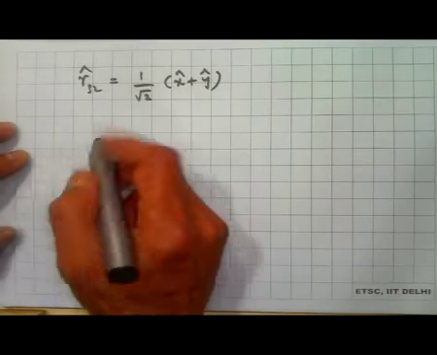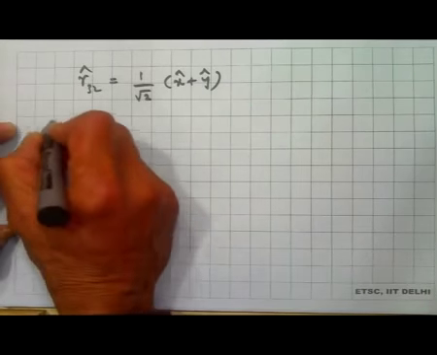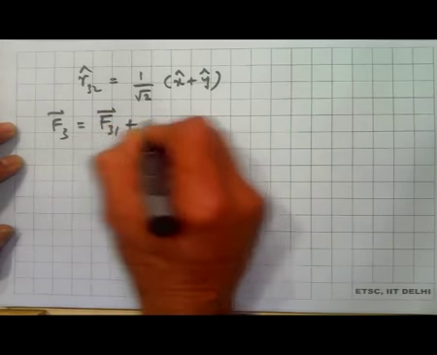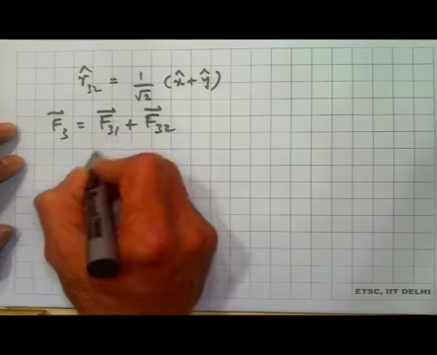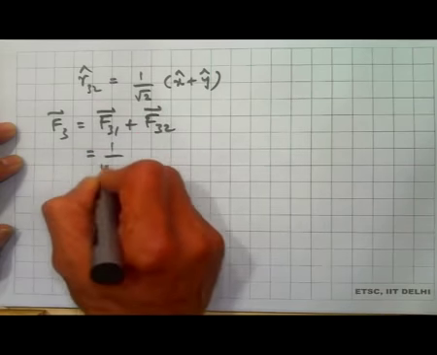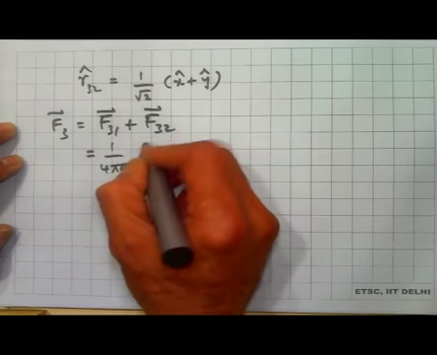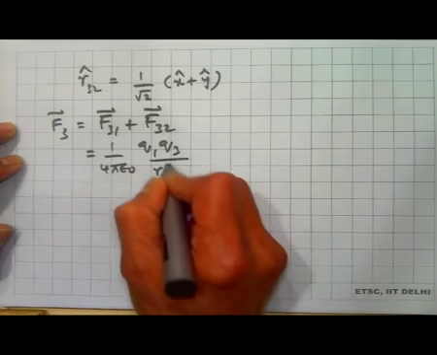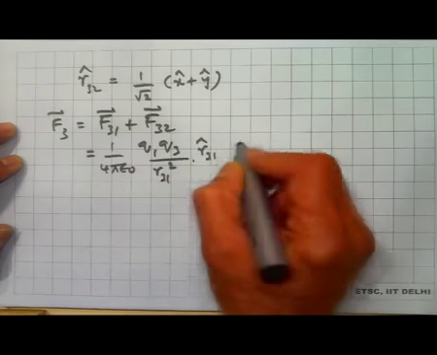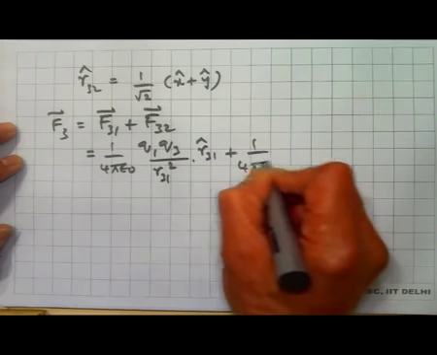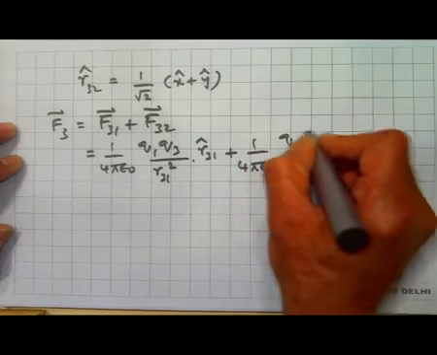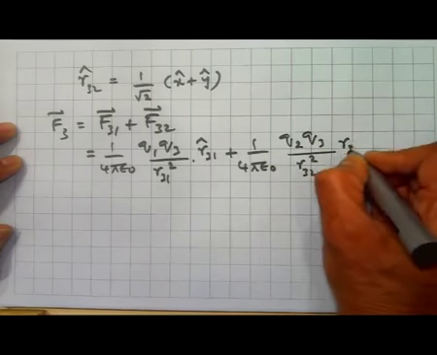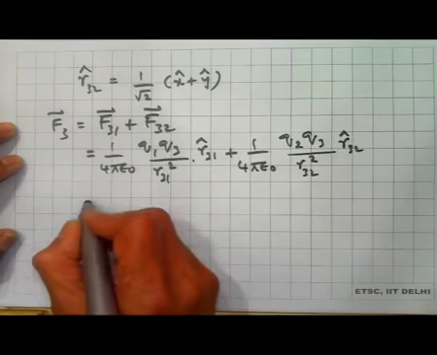So, let me calculate the forces now. F 3 is equal to F 3 1 plus F 3 2, which is equal to 1 by 4 pi epsilon 0 q 1 q 3 by r 3 1 square r 3 1 cap plus 1 by 4 pi epsilon 0 q 2 q 3 by r 3 2 square r 3 2 cap.